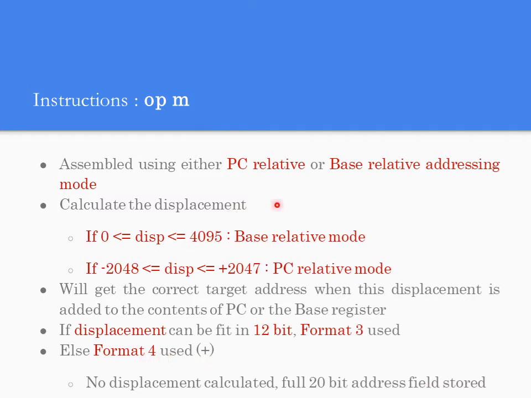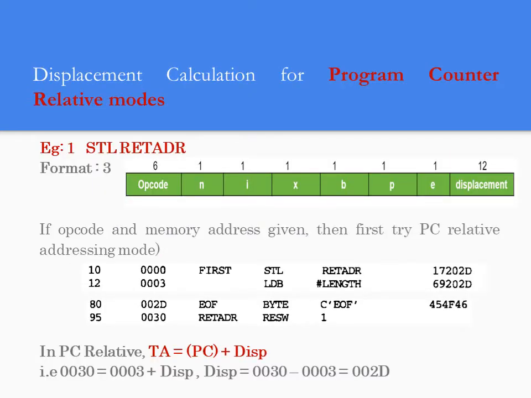Now we'll try to understand, given an instruction of this format, whether it is PC relative or base relative and how it's getting translated, with an example. Let's take the case where we are trying to calculate the displacement for program counter relative mode. Given an instruction of the type OP followed by M, the assembler will first verify if it is PC relative addressing mode.